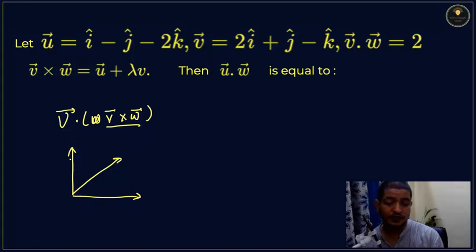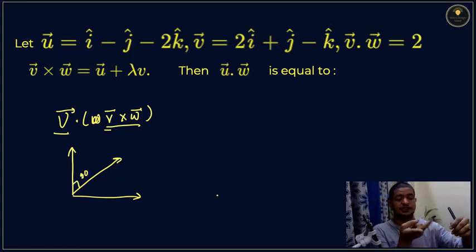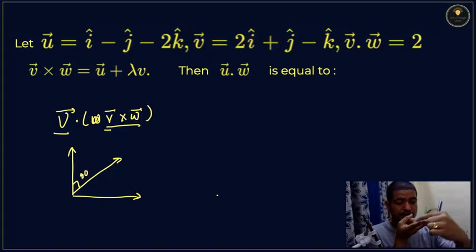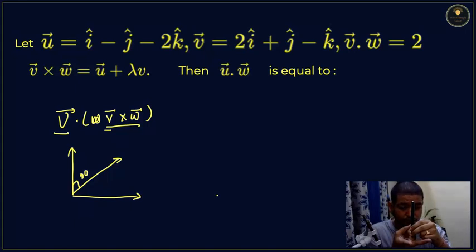If I want to find the angle between v and v cross w, it is 90 degrees, because everything becomes perpendicular. This perpendicular vector is perpendicular to v vector, and also to w vector.